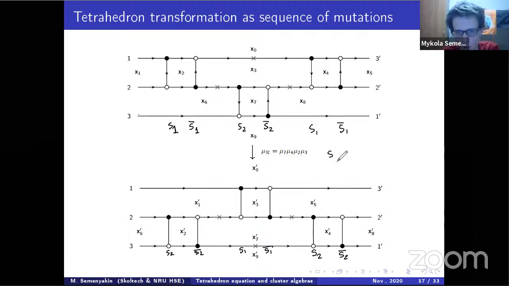So this is just a statement that S1, S1 bar, S2, S2 bar, S3, S3 bar is equal to, oh, sorry.